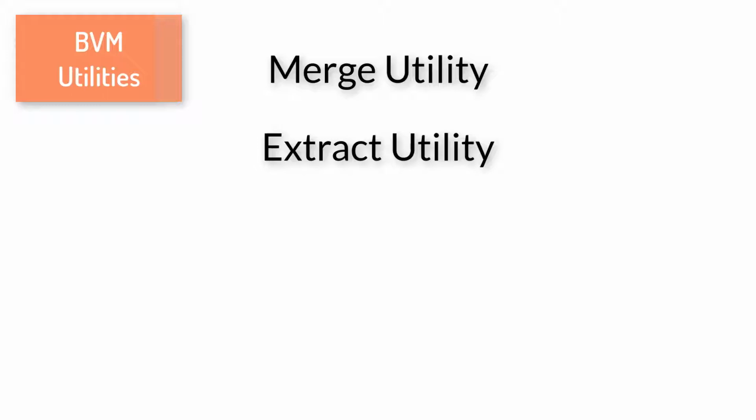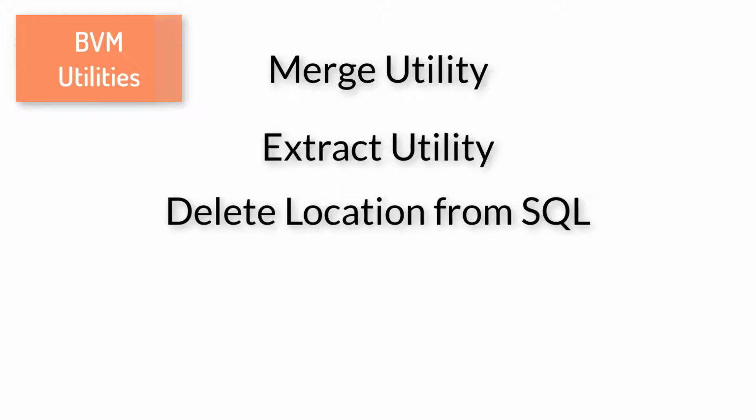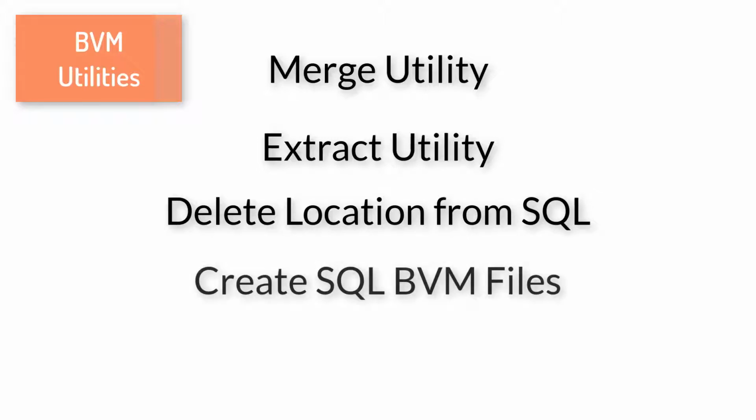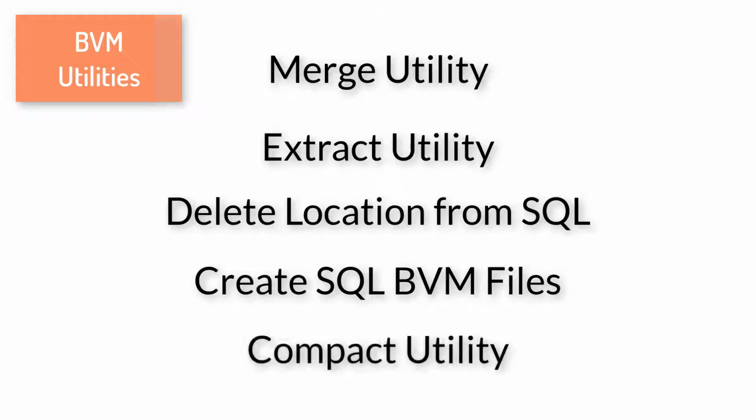Besides these utilities, there is one utility that allows the user to delete locations from SQL, another utility that creates all BVM files that are loaded into SQL in case they all get deleted, and a utility that repairs an Access database file if it becomes corrupted.